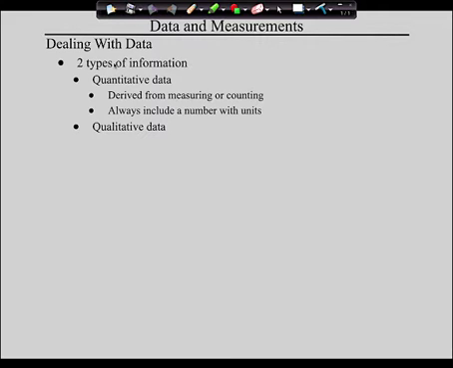What are the qualities of what it is that I'm experiencing or doing? So qualitative is derived from observation, and it's descriptive. Many times it's in sentence or paragraph form, but it doesn't involve measurement. It doesn't involve numbers or units. You're simply describing what you're seeing. So there you have it.